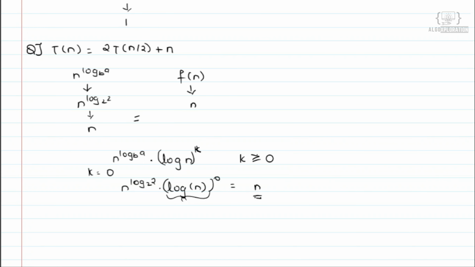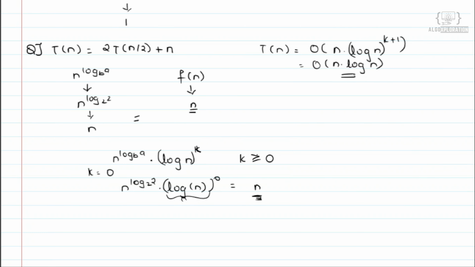So this term and this term are equal. So the time complexity of this recurrence relation will be T of n equal to order of n into log n raised to k plus 1. Sorry, the value of k is 0. So it will be order of n log n.